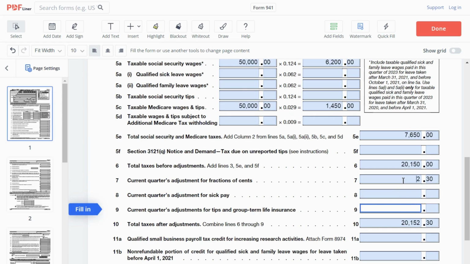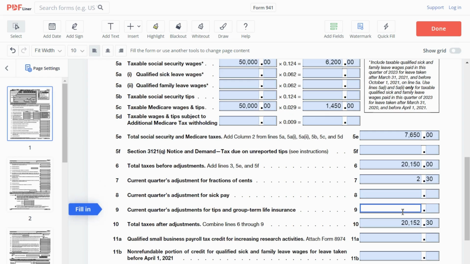Usually, you would enter an adjustment for fractions of cents here, because most of payroll systems are rounding the amount of taxes paid. In our case, we enter 2.30 cents of adjustments on line 7 due to the rounding. If the sick leave wages are paid to your employees by the third-party insurance company, report the negative adjustments on line 8.